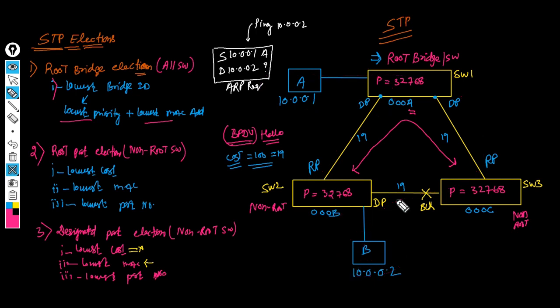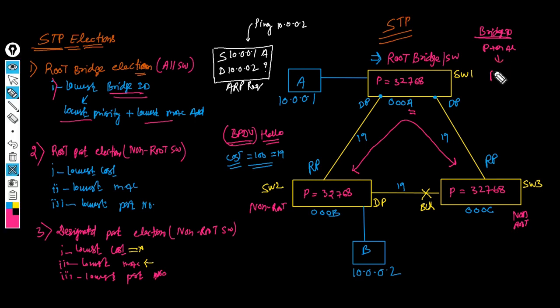Okay. So there are three major points to remember: your root bridge election, and non-root bridges have the root port and designated port election. Okay. One more thing which I would like to highlight is something called the bridge ID. As I said, bridge ID equals priority plus MAC address, correct?